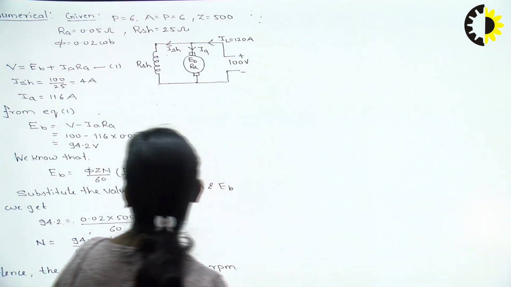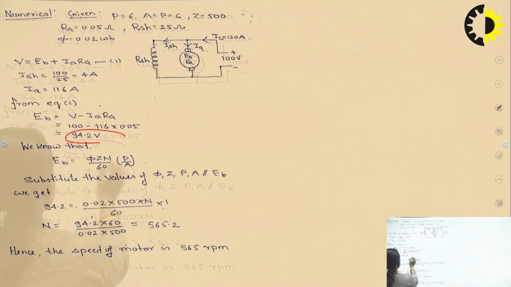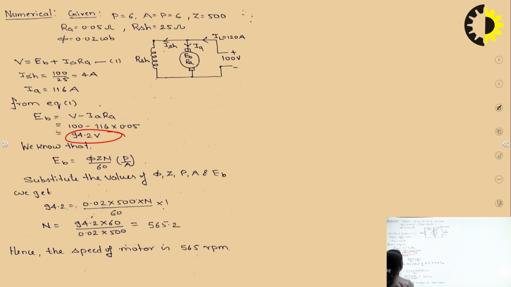You can find EB is 94.2 volt, and if you put this, you will get speed as 565.2 RPM, or you can round it off to 565 RPM. So this is the required answer.